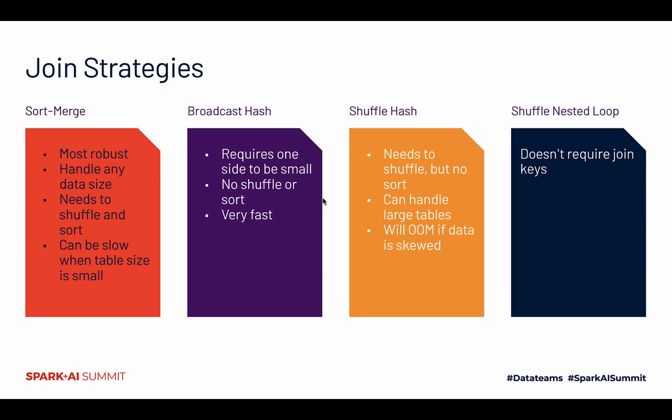So let's quickly look at each of the different types of joins and discuss some of the benefits and trade-offs. The most common type of join in Spark is the sort merge join. The sort merge join is the most common because it's the most robust. It works when you're joining two very large tables.